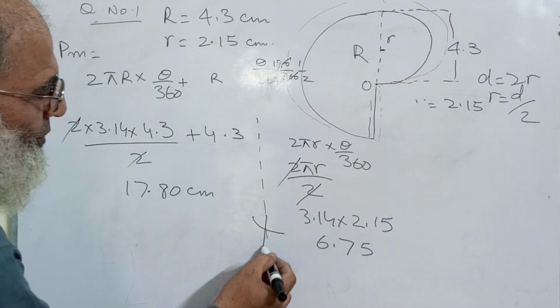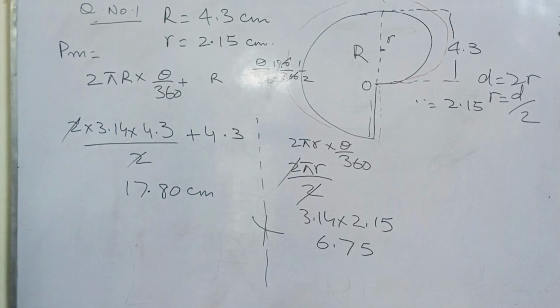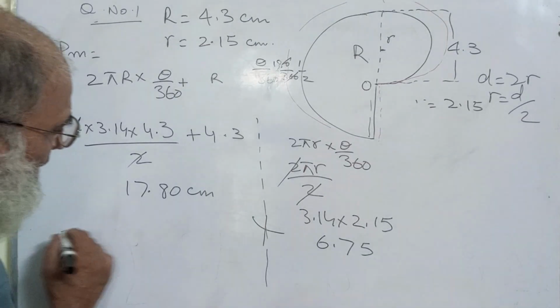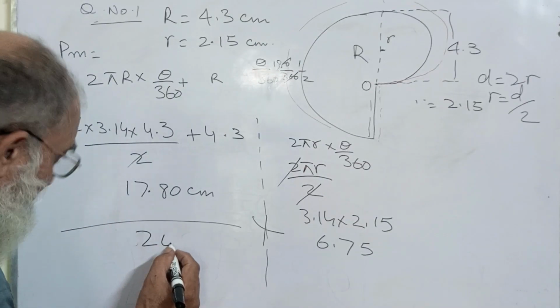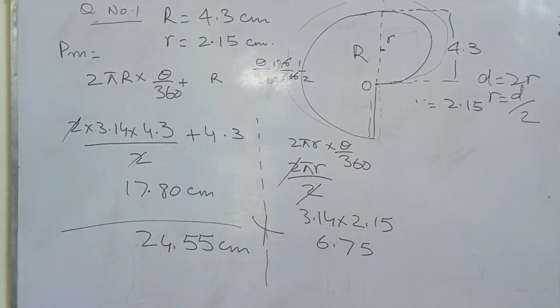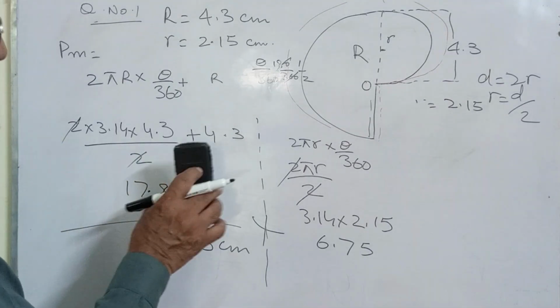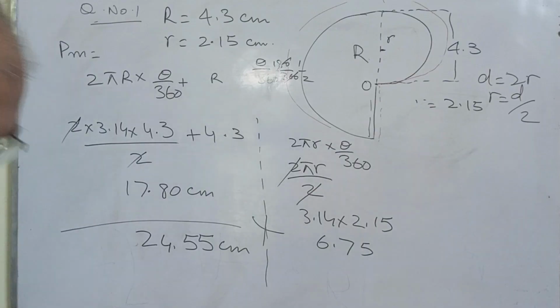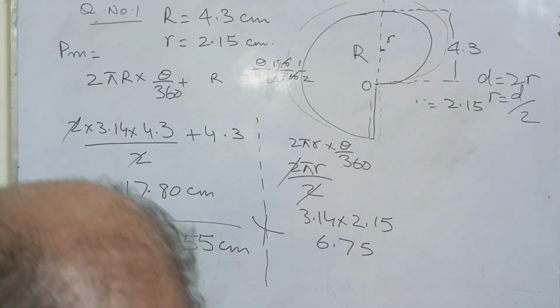So we'll add these two, 6.75 plus 17.8 equals 24.55 centimeter. Okay, so now this is clear as far as the perimeter is concerned.